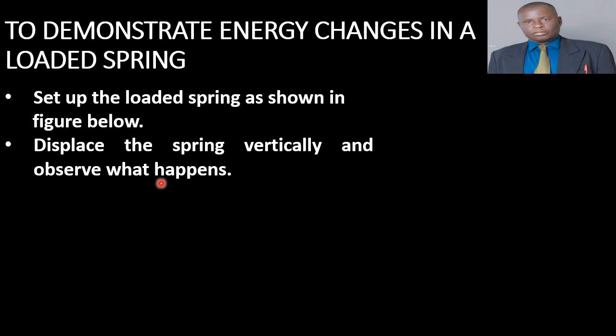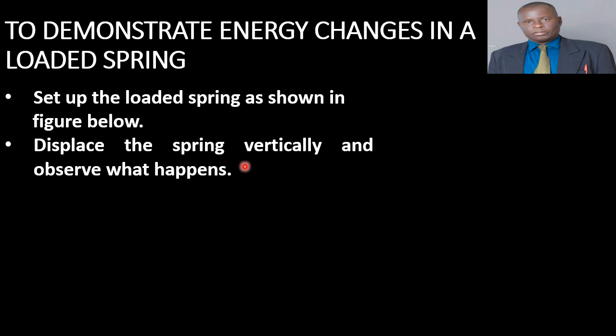We have a diagram there that we can demonstrate. Then you displace the spring vertically and observe what happens. To displace means to give it an amplitude, so that it can swing or oscillate.